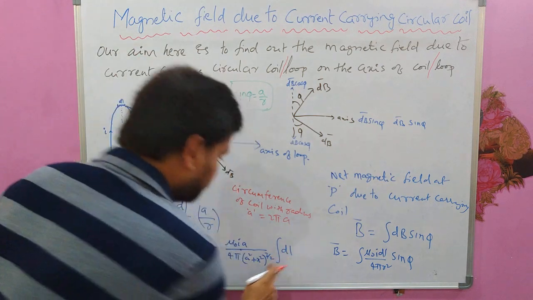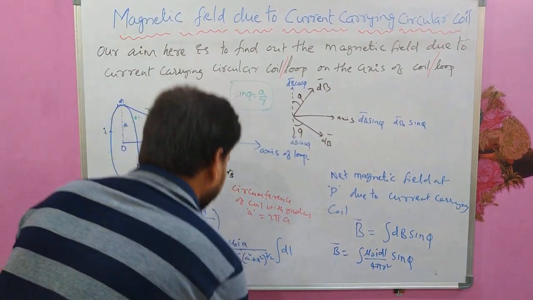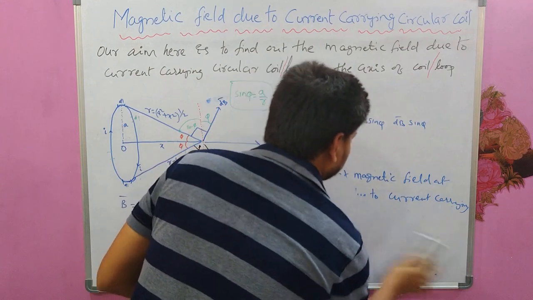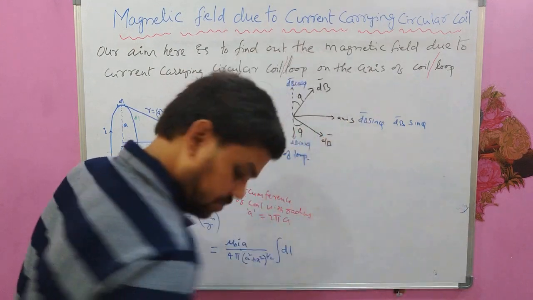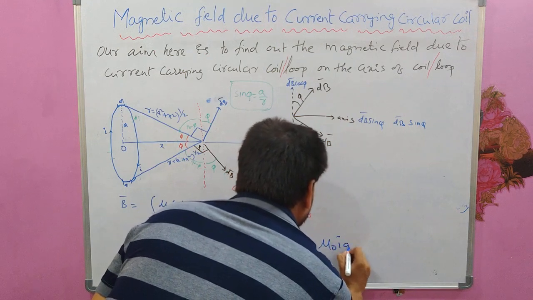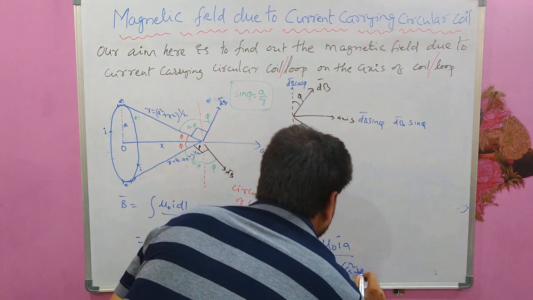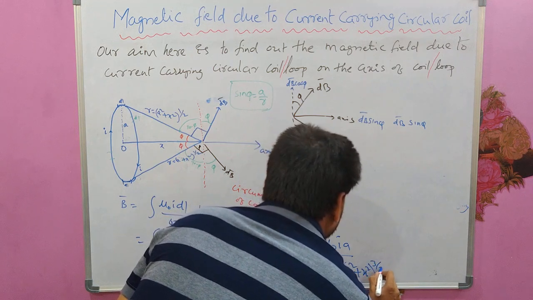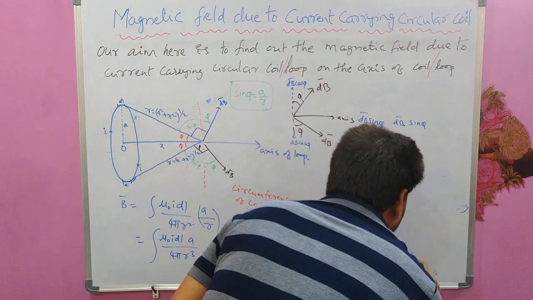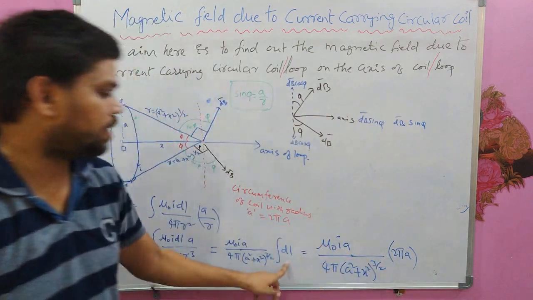So if I substitute 2 pi a here, what do I get? This will be mu naught I A by 4 pi, a square plus x square whole power 3 by 2, into 2 pi a. Integral dl is 2 pi a.